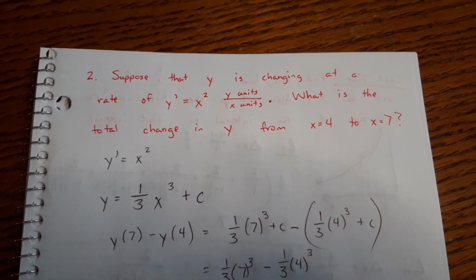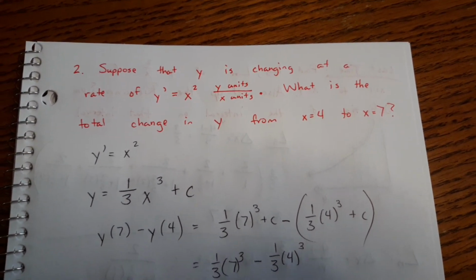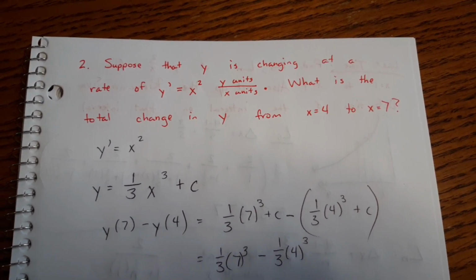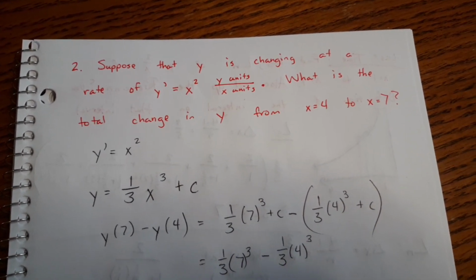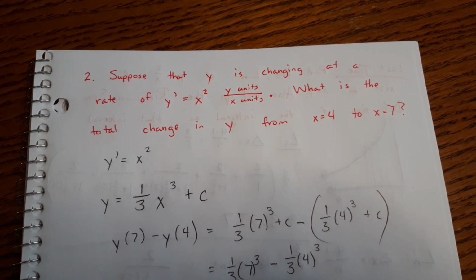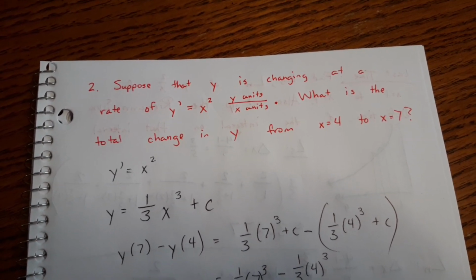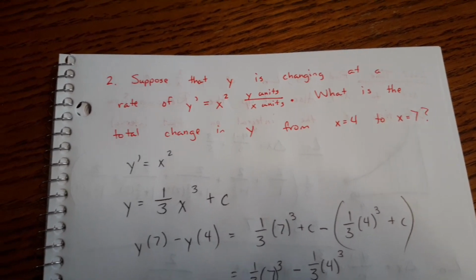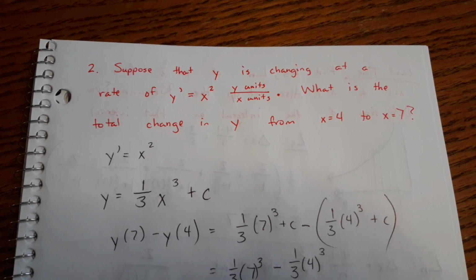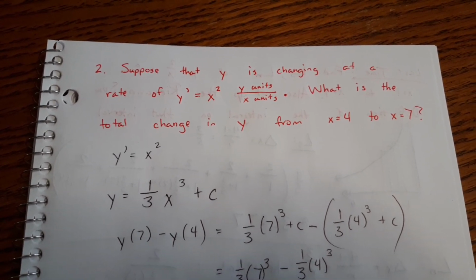So the way to think about this is you've got at x equals 1, y is changing at 1 squared, which is 1, y units per x unit. So the slope at x equals 1 will be 1. But let's say at 4, y prime is going to be 4 squared, which is 16, so 16 y units per x unit. So the slope at 4 of y is going to be 16 delta y over delta x.